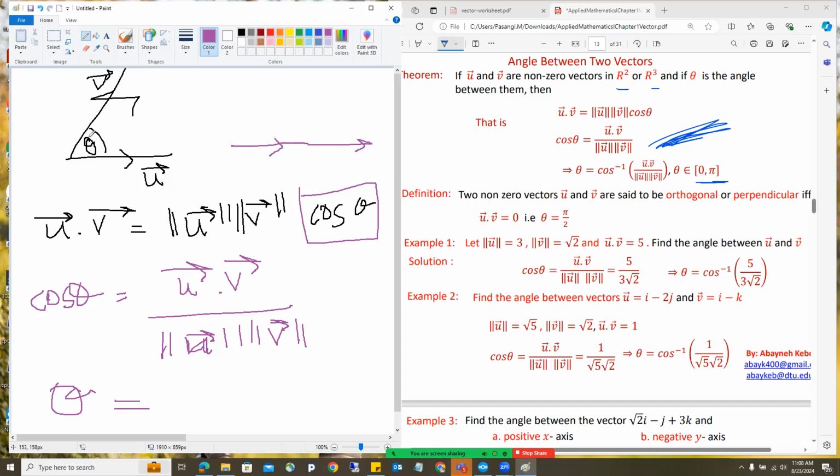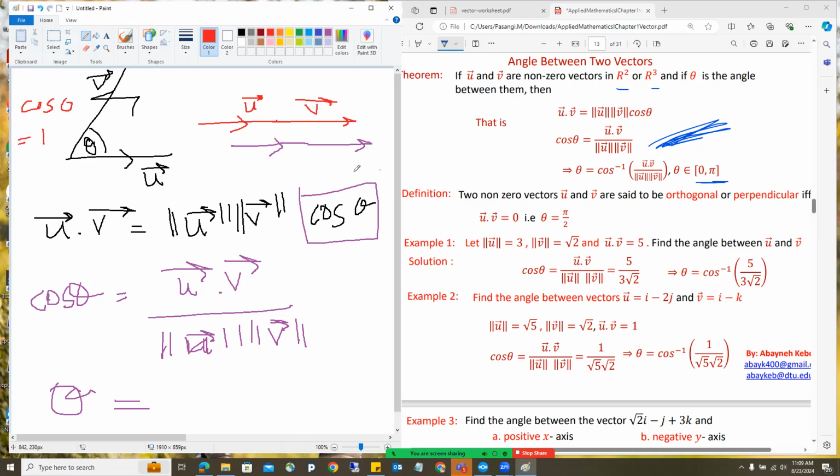If theta is equal to 0, how does the sketch look? There's no angle. The value of this angle is 0, which means if we have u, then v is also in the same direction. There's no angle between these two. So if theta becomes 0, cos theta is cos 0, which is equal to 1.